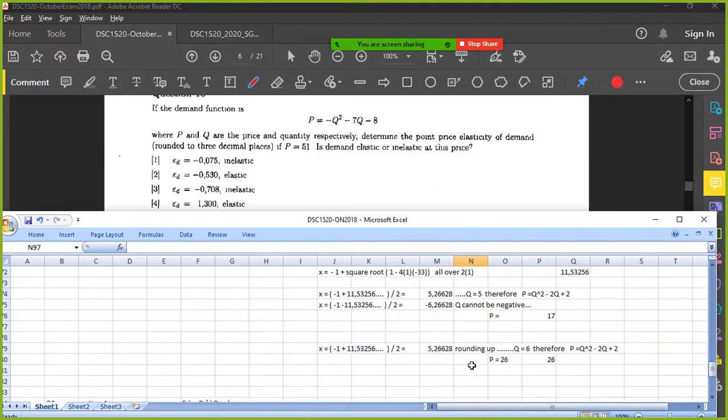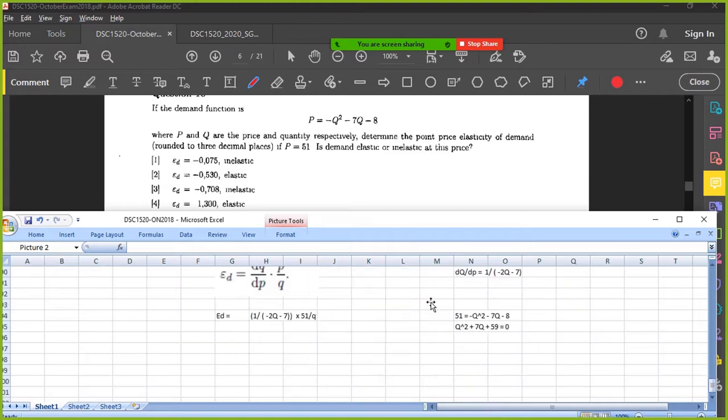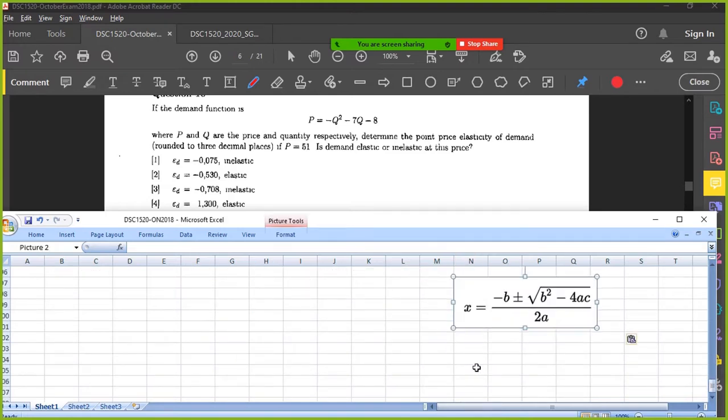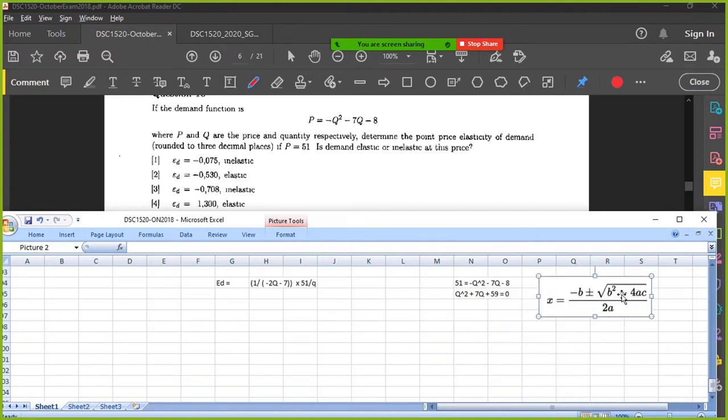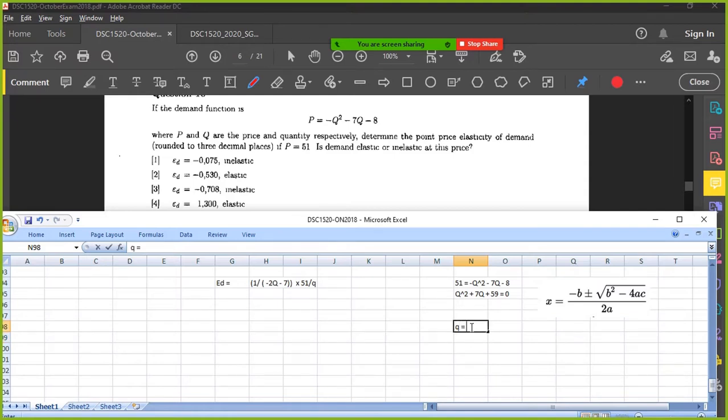Quadratic again. Okay, square root, b squared.